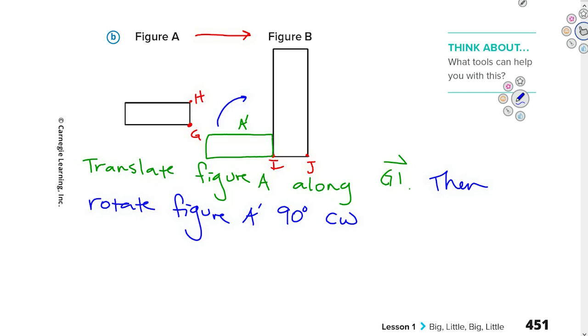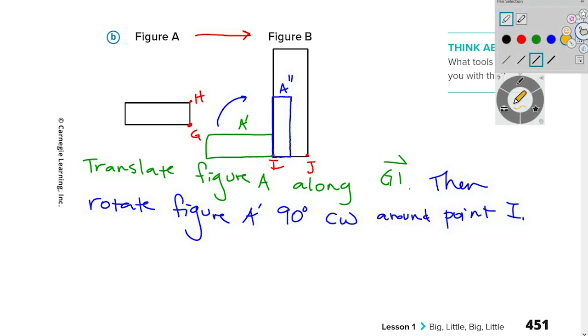I need a center, around point I. Okay, so with my rotation, I have an angle, I have a center. Once I rotate that, I'm trying to guess on length. It'll be something like this-ish. Just kind of guessing here. Okay, this is A double prime.